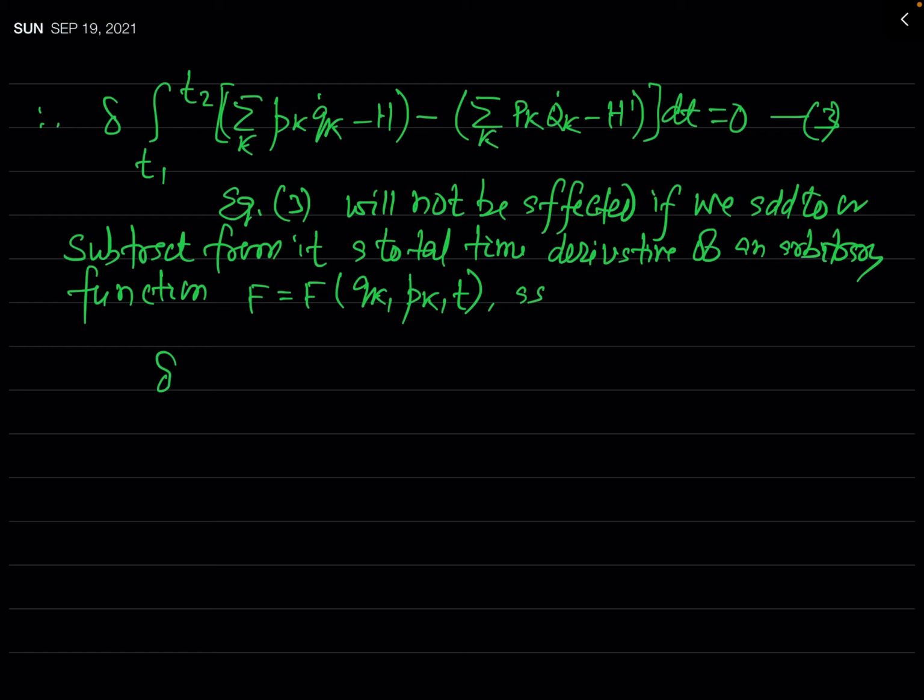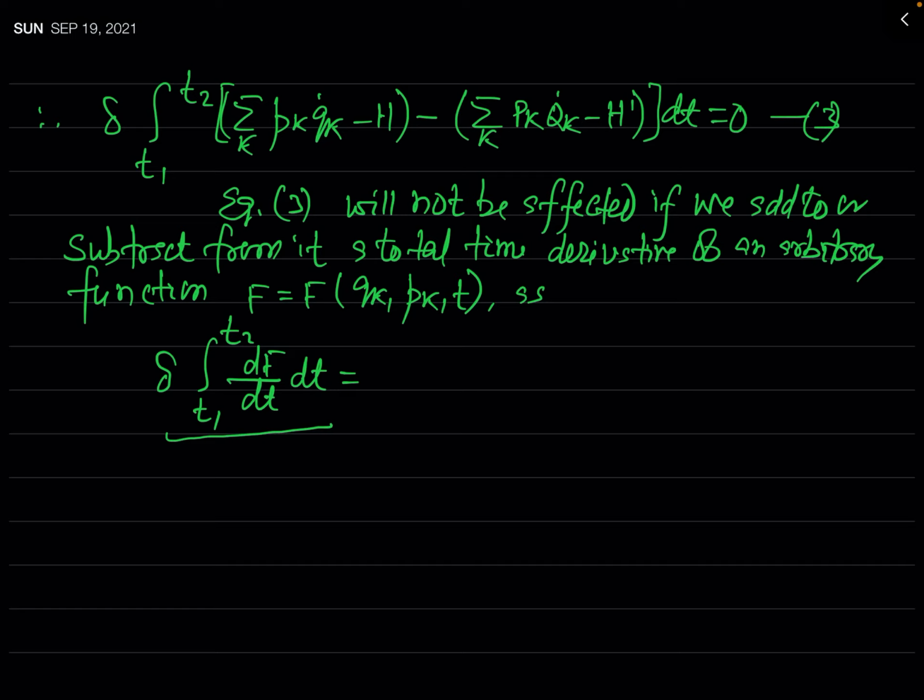Let us try to evaluate this term, delta integral t1 to t2 df by dt, because when you add df by dt in the integrand, this integral and this delta operator will operate on that. So I am evaluating delta integral t1 to t2 df by dt.